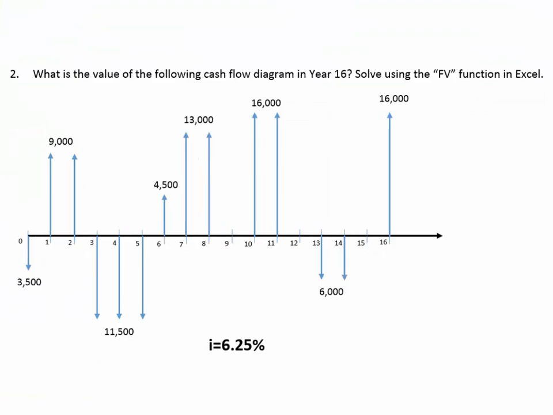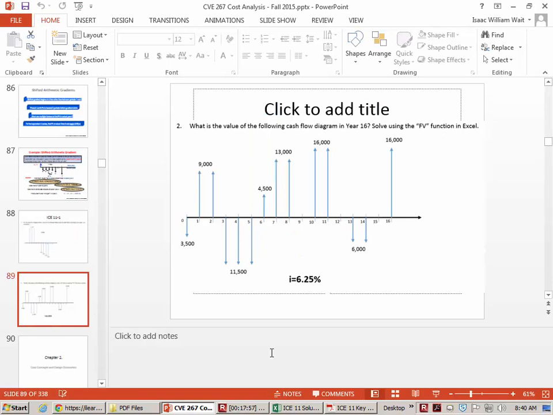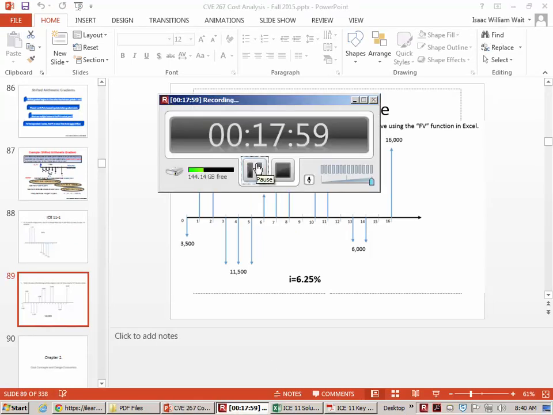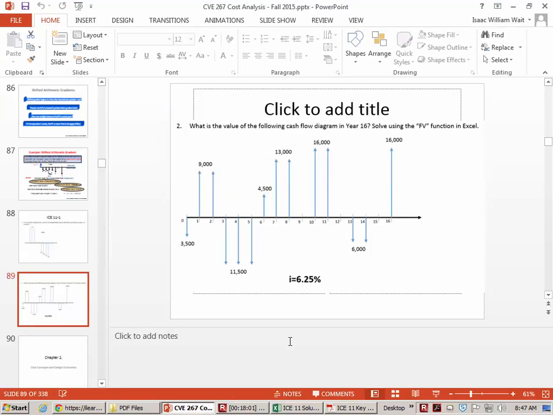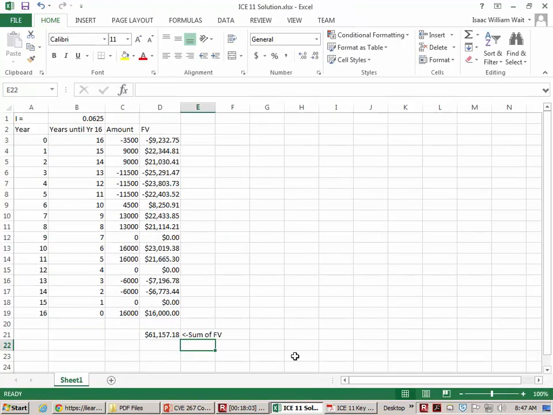Okay, so here's problem 2 that we're doing. Here's the cash flow diagram, moving it to year 16. I'm going to put the solution on the screen if you want to take a look.